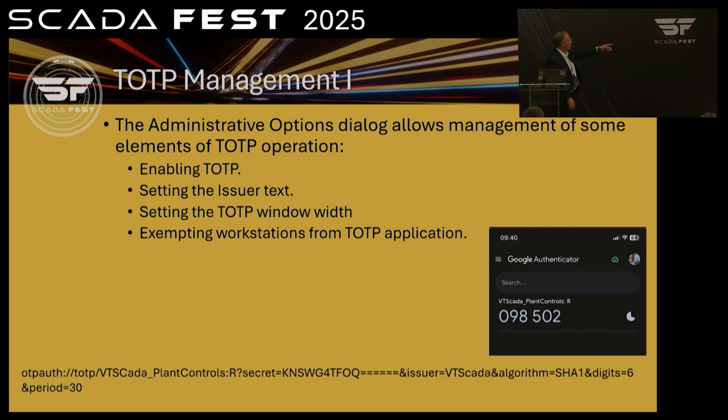So you would see on your phone VTScada plant controls, and then the user, in my case, the username is R. So you would see that. Let's say you have multiple accounts or multiple VTScada applications with different user names, then you would set your issuer to be, say, VTScada, the name of the application, and then the username is automatically inserted in the URI. So you don't have to do anything about the user. This way you differentiate all those registrations in your Authenticator app.